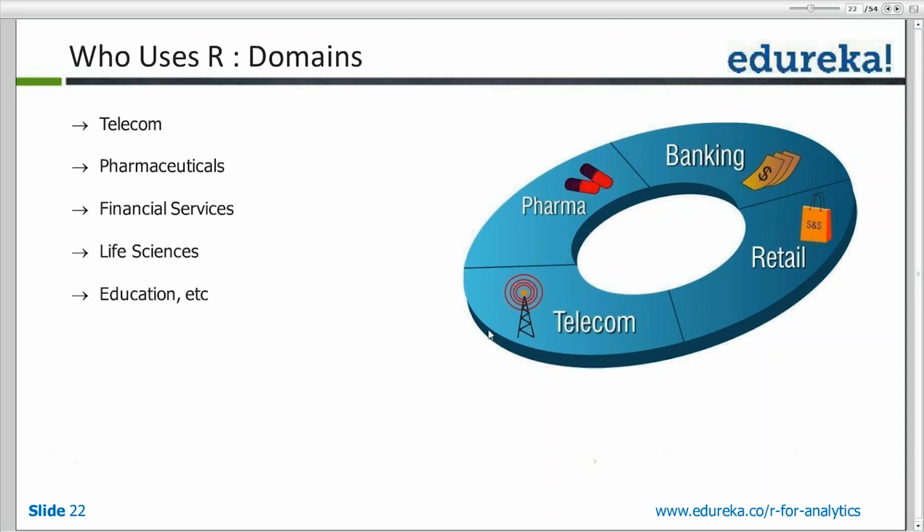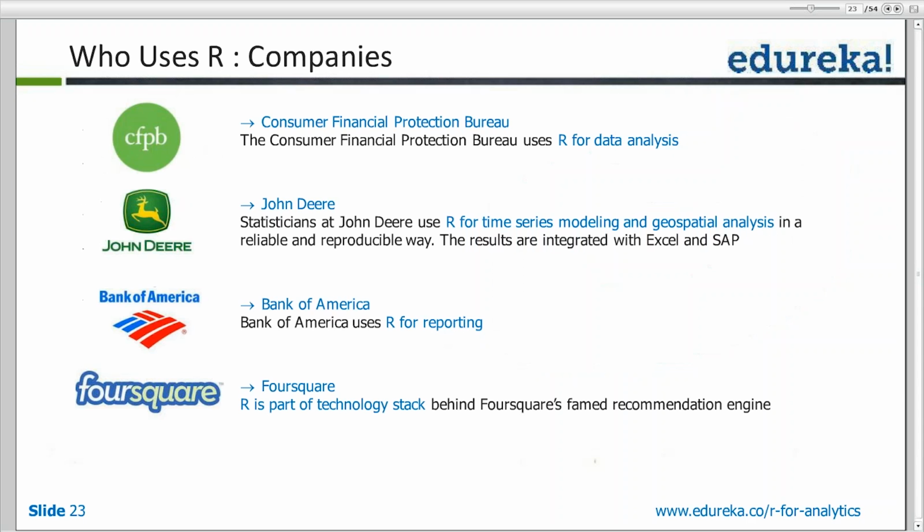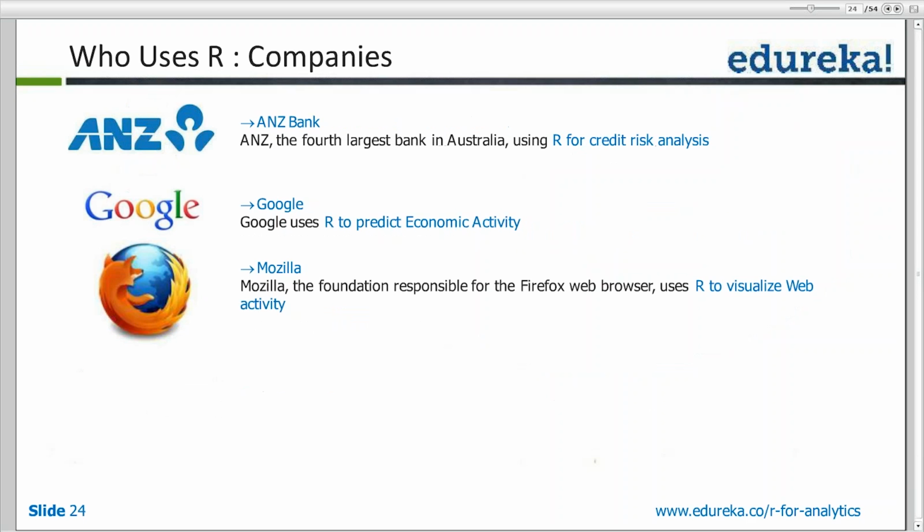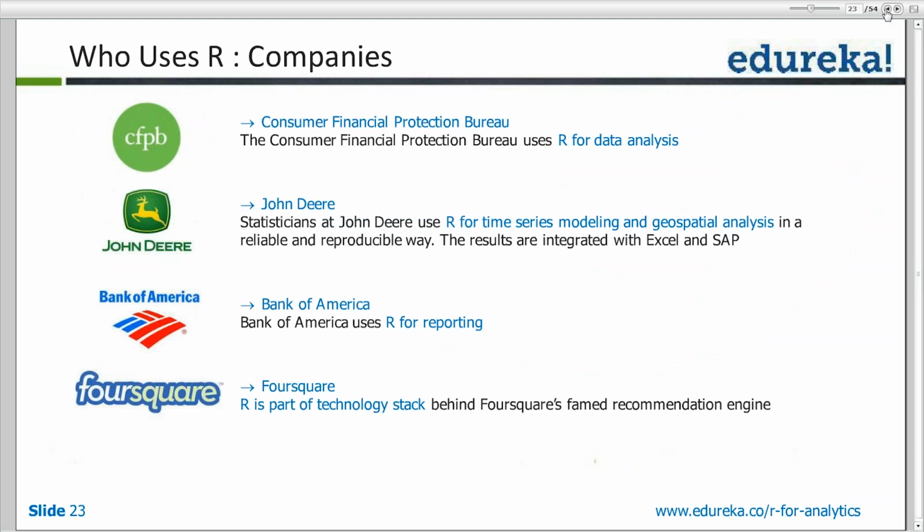Okay, so there are a few companies listed in here, and out of curiosity you could read through their specific applications of R for various requirements. It will be interesting to know what these companies do using R. It has very large companies like Google listed here, to others like John Deere.